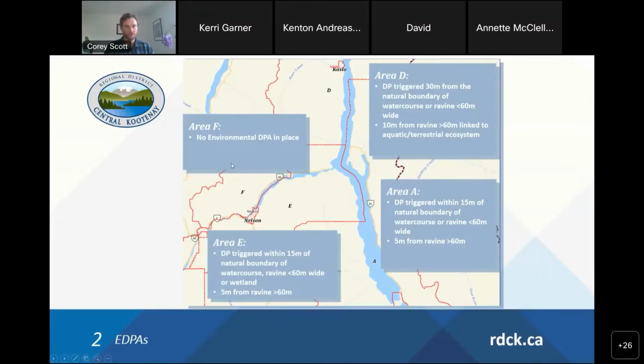And just one last note on this slide, you'll also notice that the language refers to a watercourse, which essentially means a body of water. So while our focus today is on Kootenay Lake, these development permit areas also apply to creeks, rivers, springs, wetlands, as well as certain ravines.